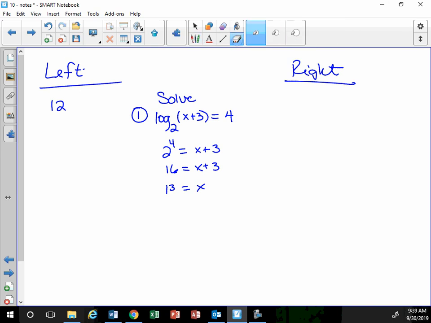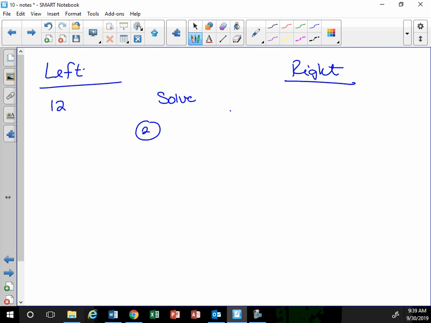Okay. Try again. Let's do the natural log of x to the 4th equals 5. I would recommend you use your properties first.